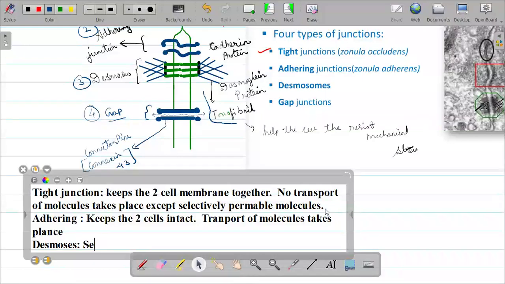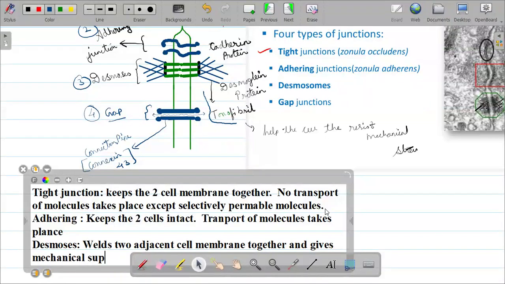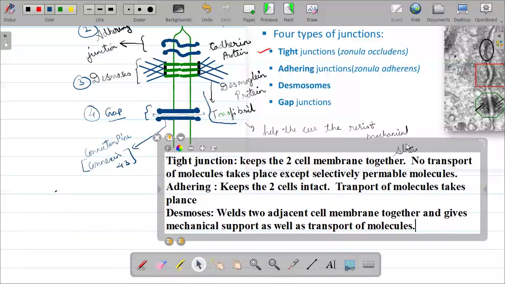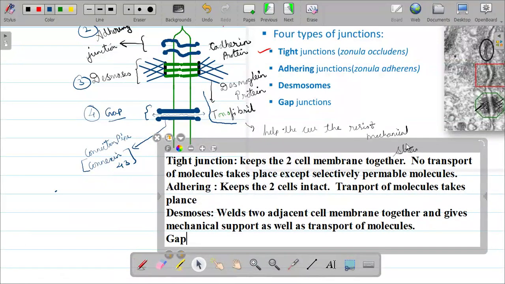It is like welding two adjacent cell membranes together and gives mechanical support as well as transport of molecules. Here also the molecules will get transported. Okay? Yes, sir.